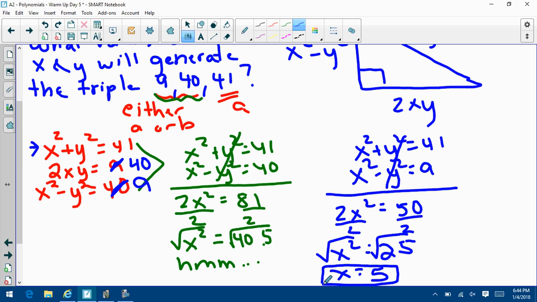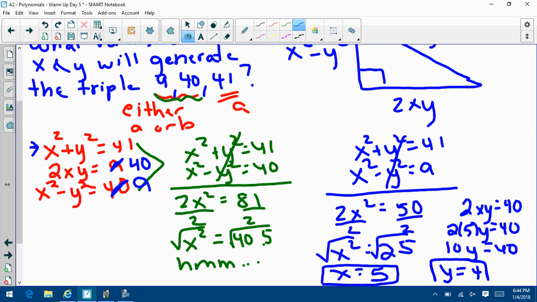And let's figure out what y would be then. I could use any of these equations. Let's just use 2xy. So 2xy we said is 40. So 2 times 5 times y is 40, which means 10y equals 40, and y is 4. So if x is 5 and y is 4, that will generate the triple 9, 40, 41.